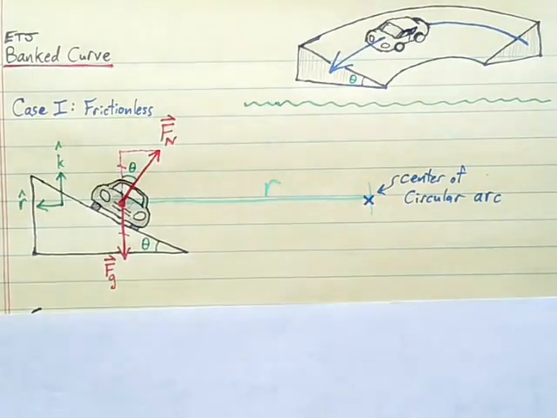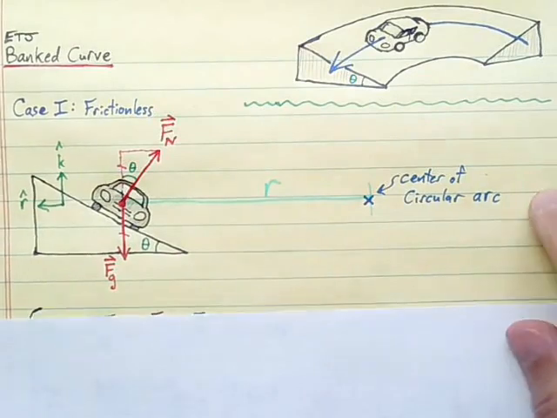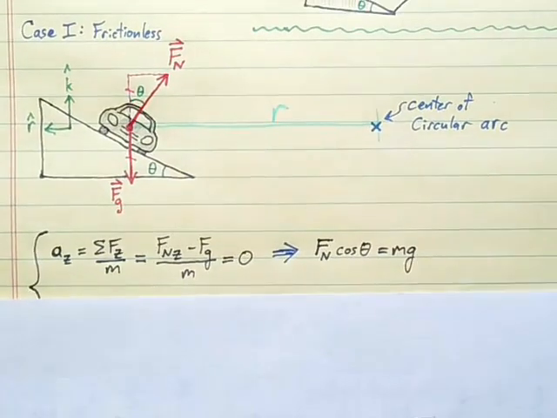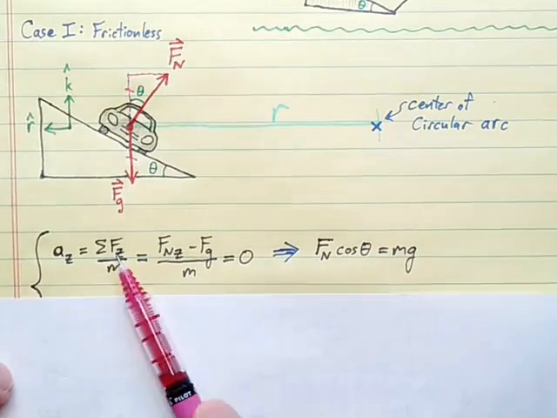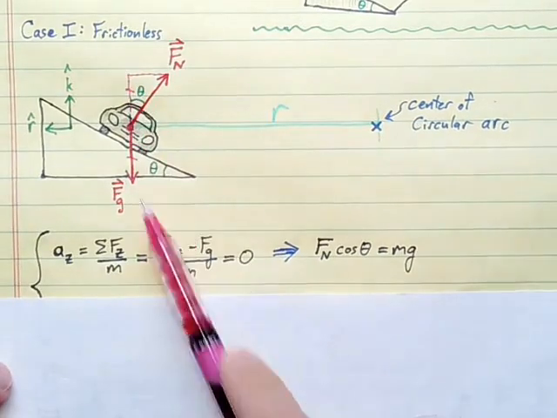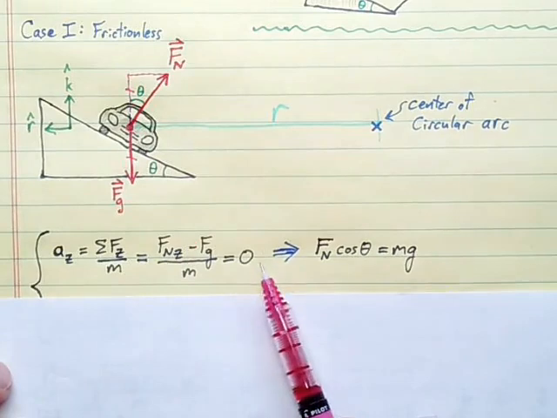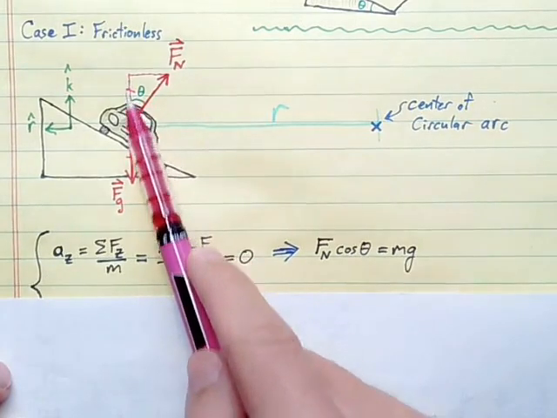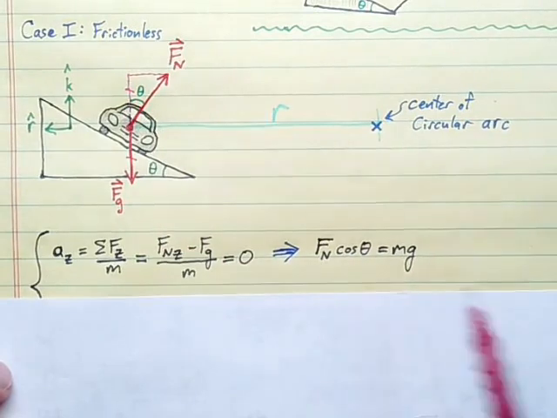And we can now set up Newton's second law. In our z direction, sum of forces in the z direction, we have Fnz and the force of gravity, and we know that those balance. Fnz we can express as Fn cosine theta. So Fn cos theta equals mg.